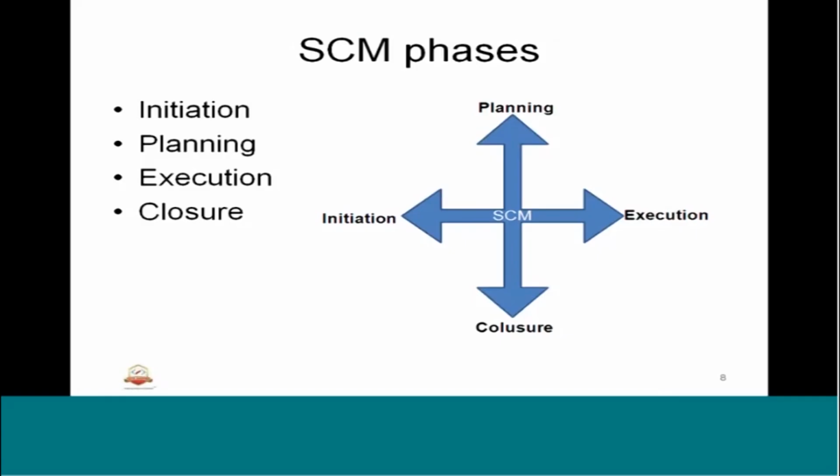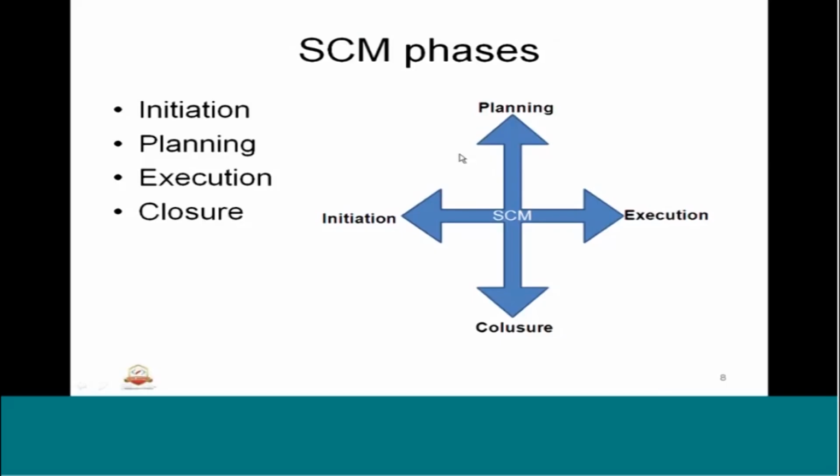Okay, the next one is about SCM phases. What are the software configuration management phases that are involved? Those are 4 phases: initiation, planning, execution, and closure. This will go in a circular fashion.